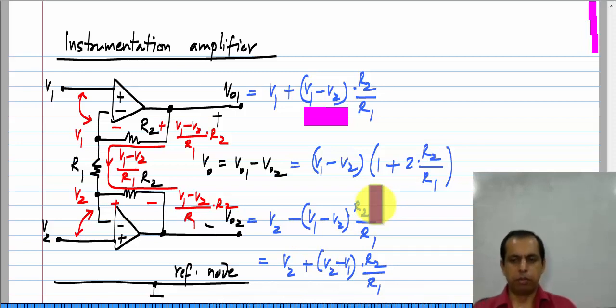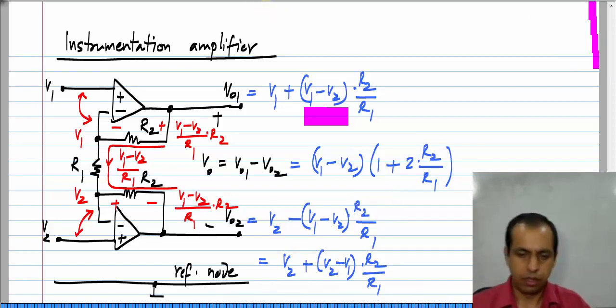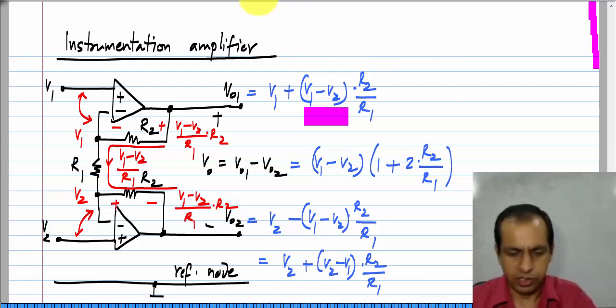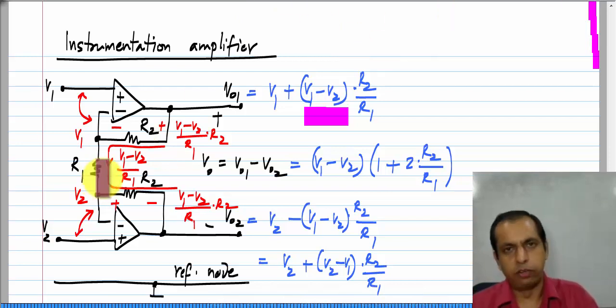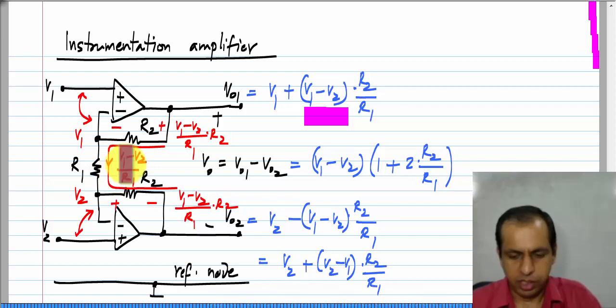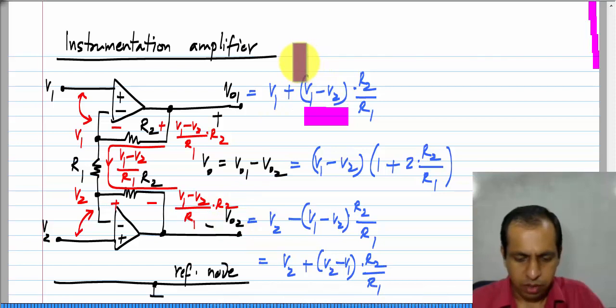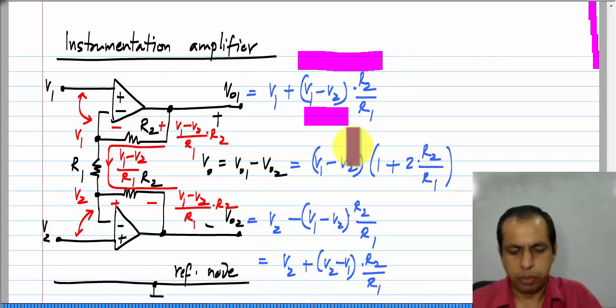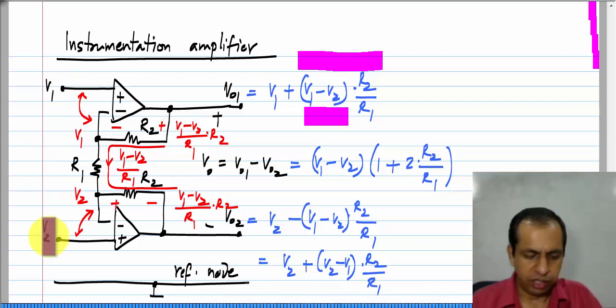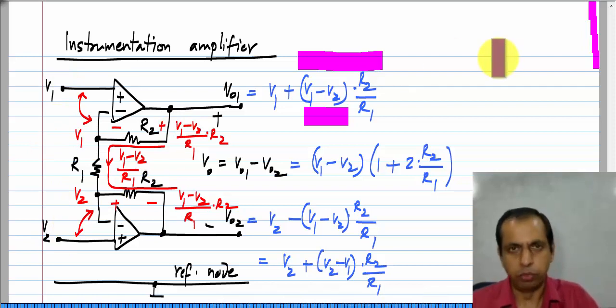What is special about this? The point is, you can set this R2 by R1 ratio to be a large number. Then what happens is, even if you look at each of these outputs VO1 and VO2, a large part of that consists of the difference V1 minus V2.